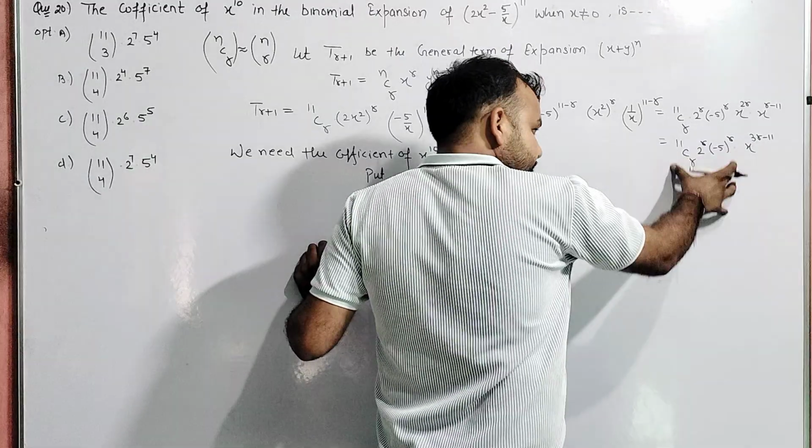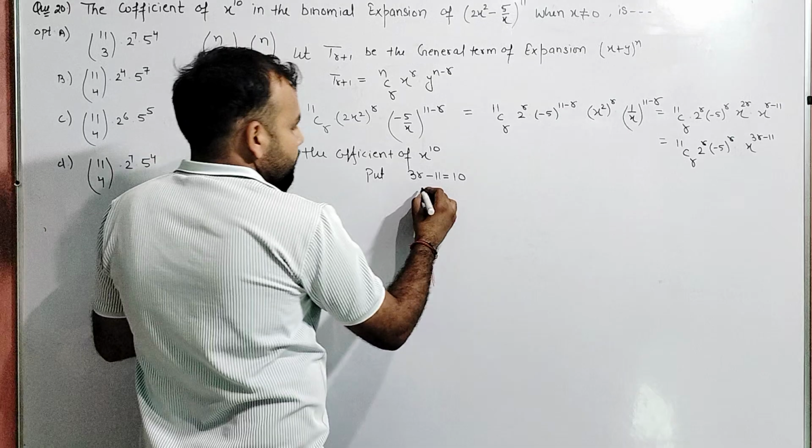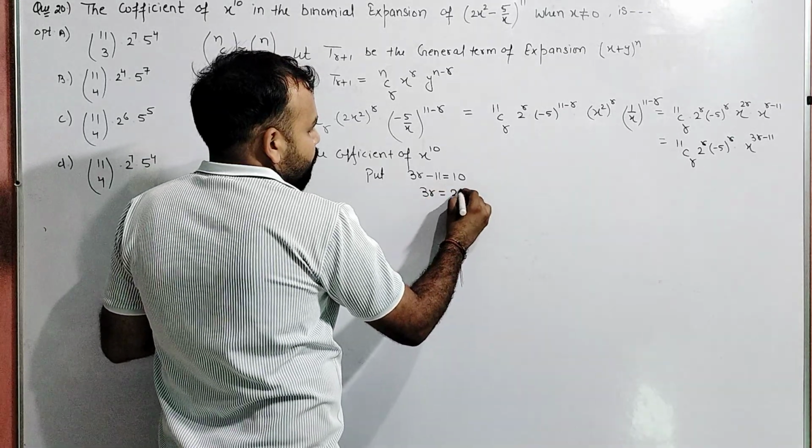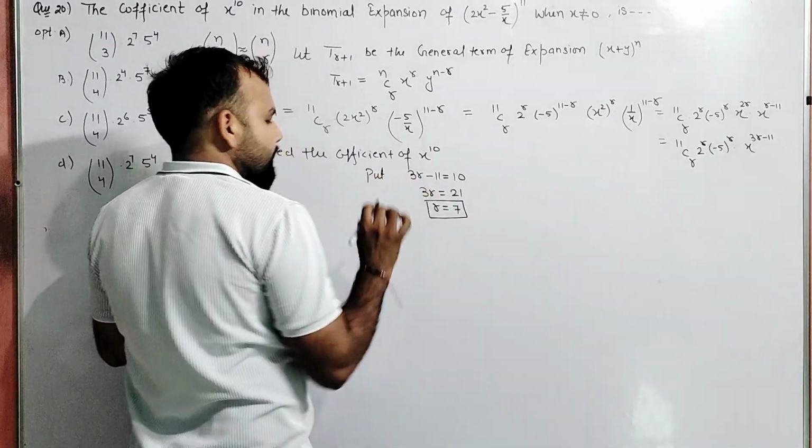Then this is 11Cr 2 to the power r minus 5 to the power r. So student, 3r equals to 21, r equals to 7. So the value of r is 7. Okay.